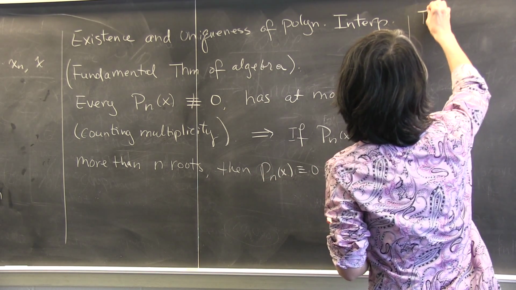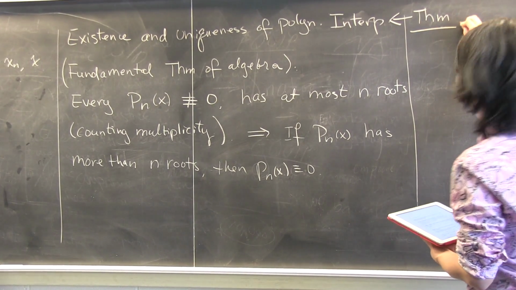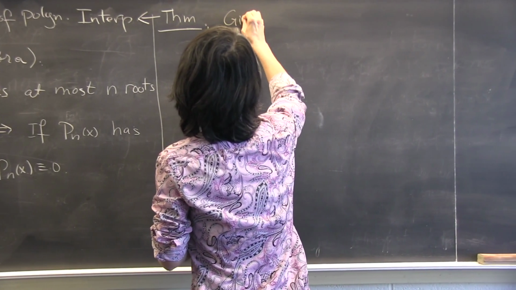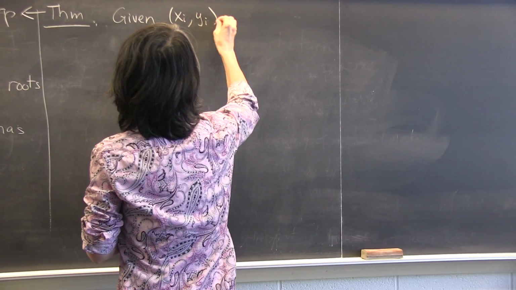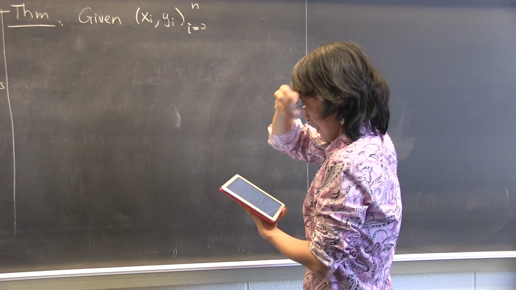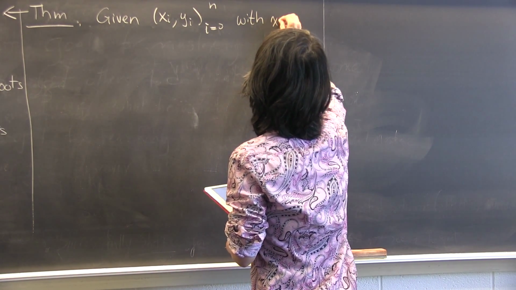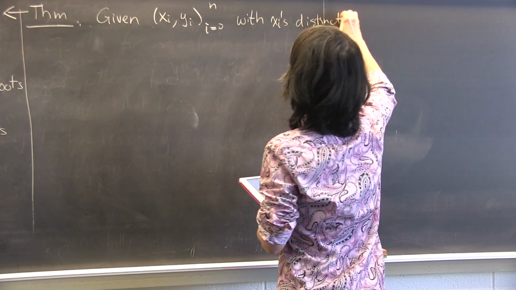So let me give you the basic theorem, existence and uniqueness. Okay, let's set it up. Given a data set xi, yi, i from 0 to n, I have to be careful. I have to say all these xi's are distinct, otherwise it doesn't work.